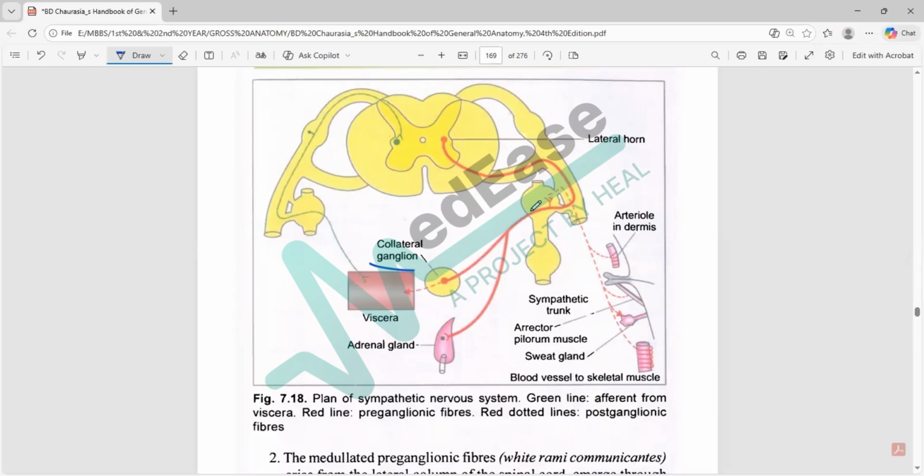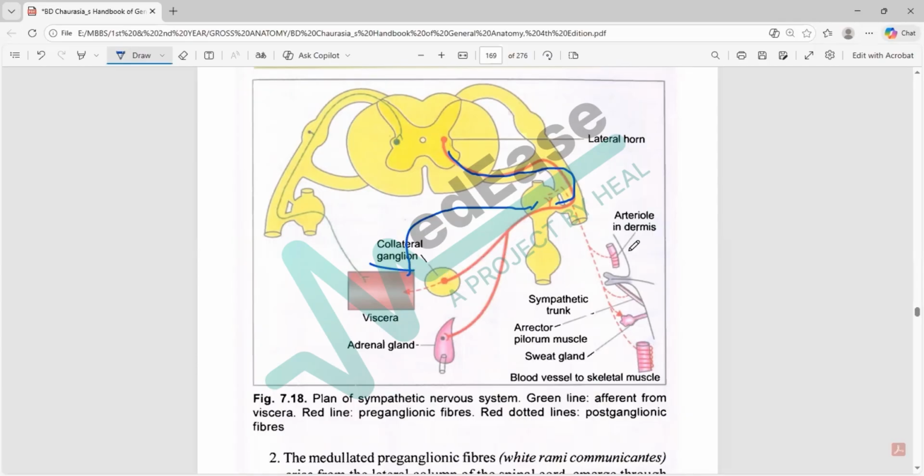Here you guys can see this is also our ganglia. Now remember, whenever there is the preganglionic fiber, it will be carrying the fiber from the spinal cord and will be terminating in the ganglia mainly. Now this is our preganglionic fiber. Then we have the postganglionic fiber, which will be emerging from the ganglia mainly. It is also the ganglia.